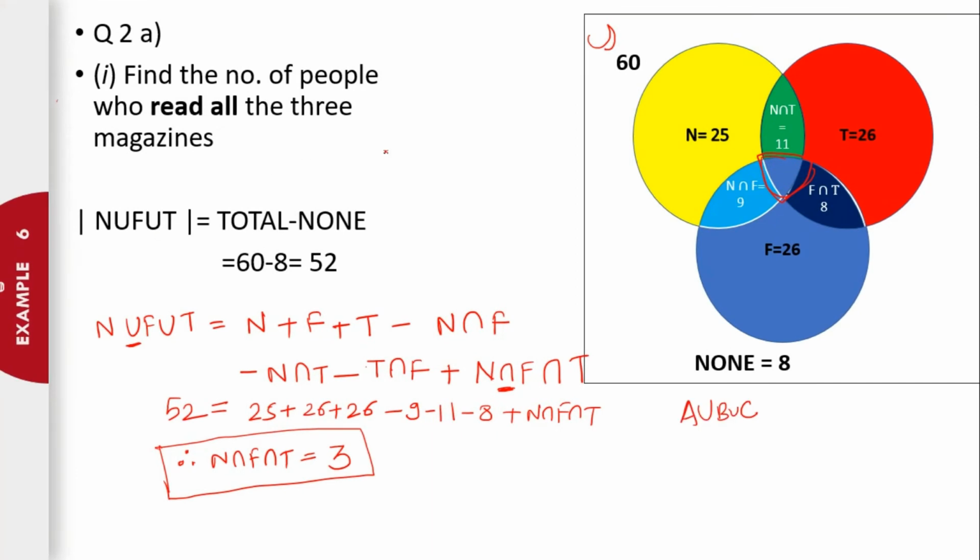So this portion can be calculated by using the A union B union C formula, that is the principle of inclusion and exclusion. This white portion is the people who are reading no magazine at all.